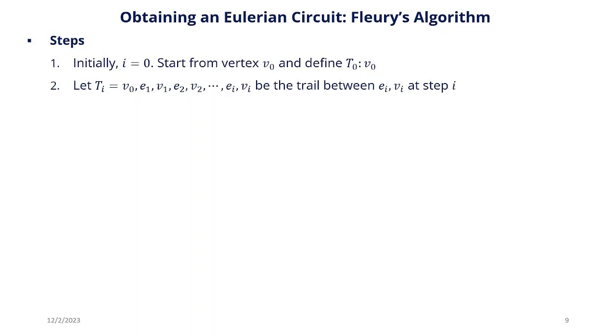Let Ti equal V0, E1, V1, E2, V2 up to Ei, Vi be the trail at step i. Select an edge Ei+1 joining Vi and Vi+1 from E minus {E1, E2, up to Ei}.